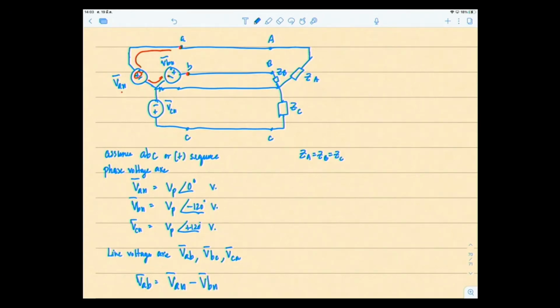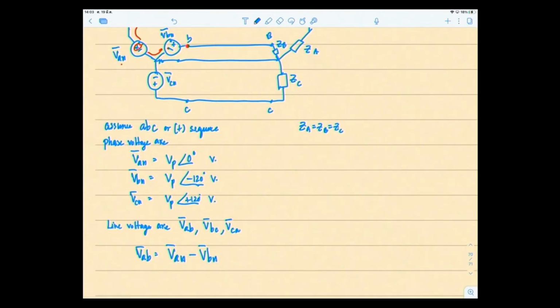If I substitute it back in, VAN is V phase at 0 degrees minus V phase, VBN, at angle minus 120 degrees. If I do that, I get V phase times 1 plus a half plus j root 3 over 2.